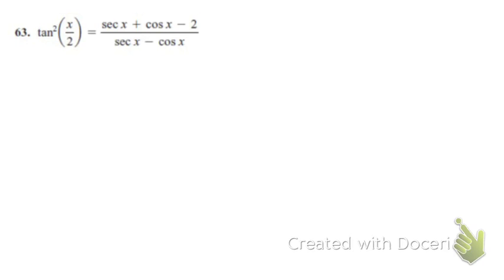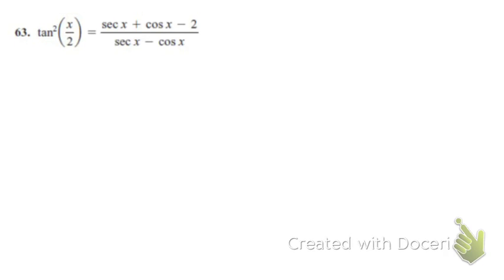Well, there's not a ton I can do on the right side, but what I am going to notice, secant is just the reciprocal of cosine. This secant is the reciprocal of cosine too, so there really is just a whole bunch of cosines here.